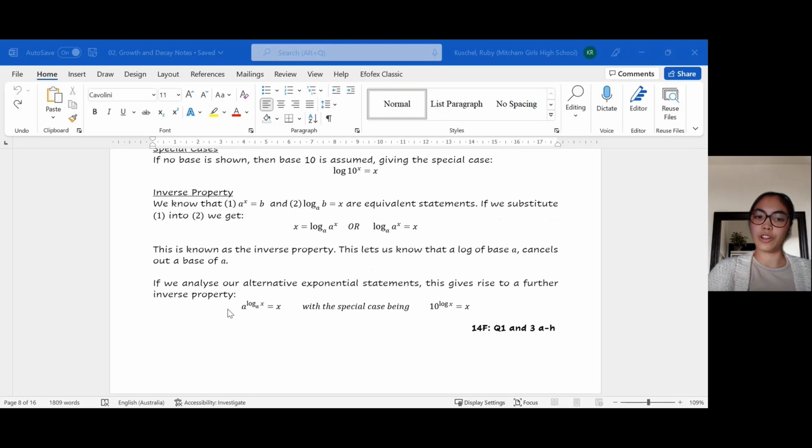So rather than having the log base, we've now got an exponential base.